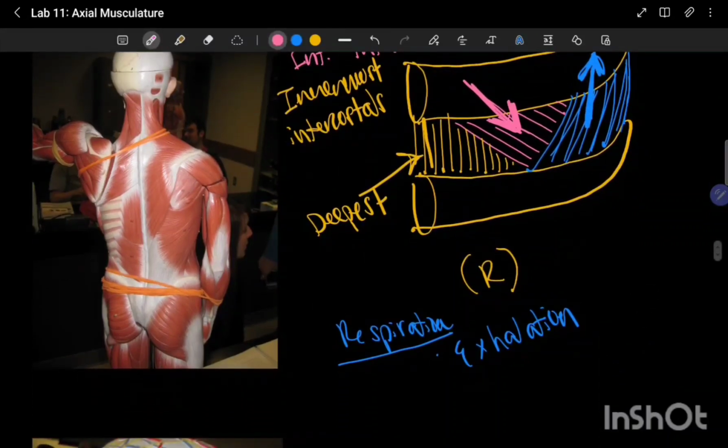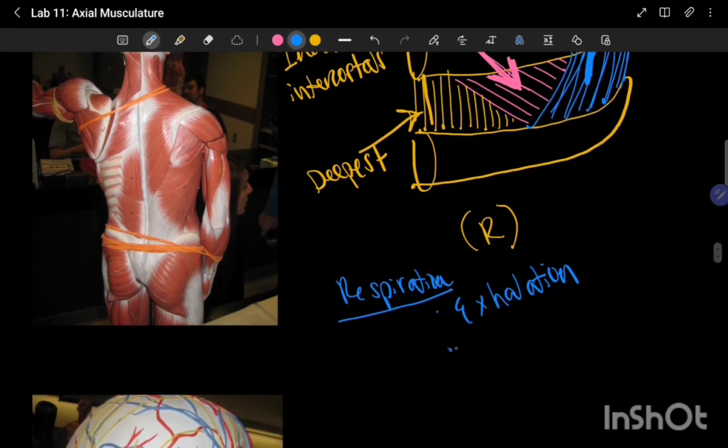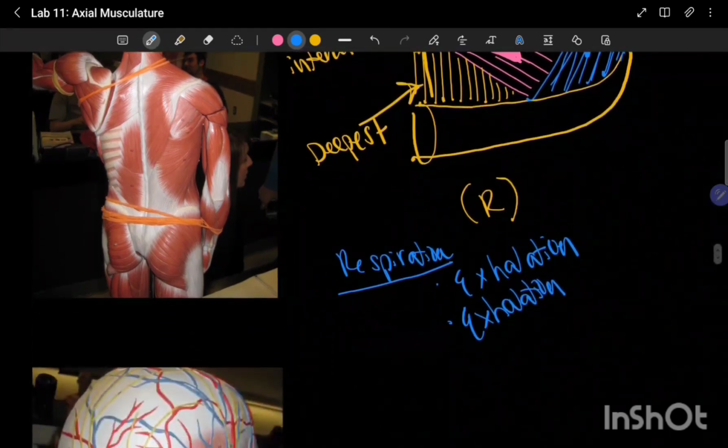And so when we depress the ribs, that's going to help us to decrease the volume. If you think about squeezing your rib cage, we're going to help squeeze air out. And so that's another case where they're going to help with exhalation. Okay. And then our innermost intercostals are another exhalation one.